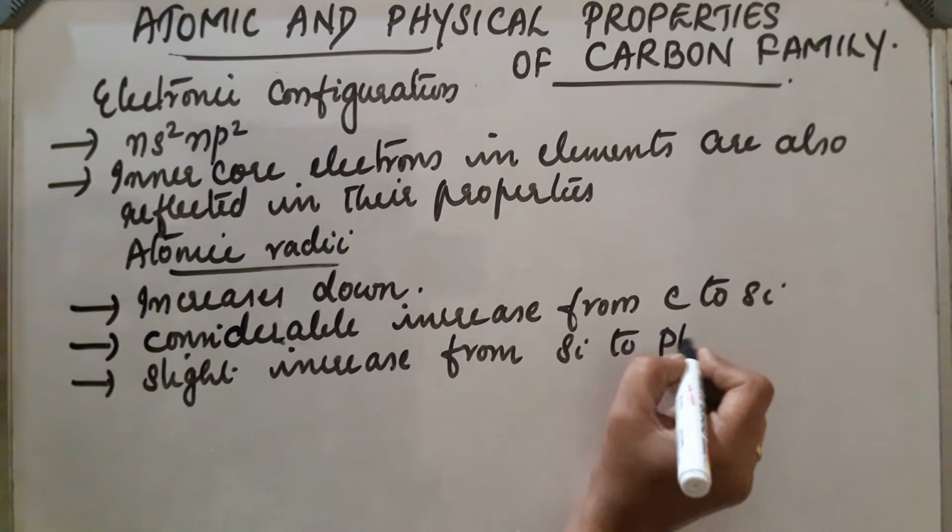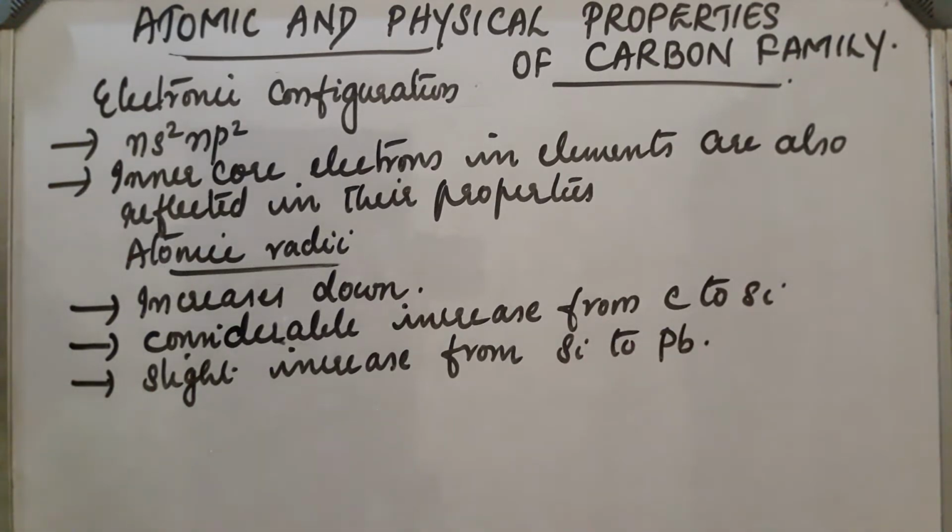This is due to the presence of d and f orbitals, that is inner core electrons are present in heavier numbers, so they are poor shielding. So as a result, nuclear charge is more, so there is only a slight increase from silicon to lead.